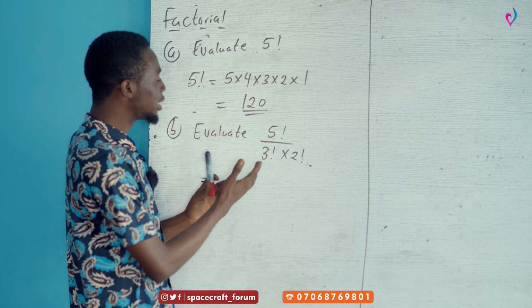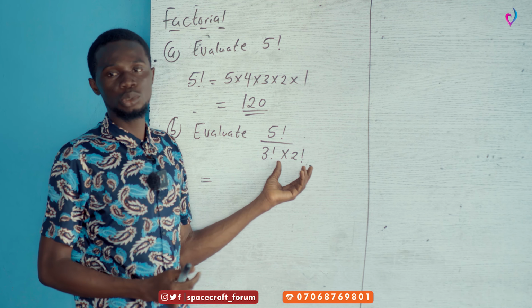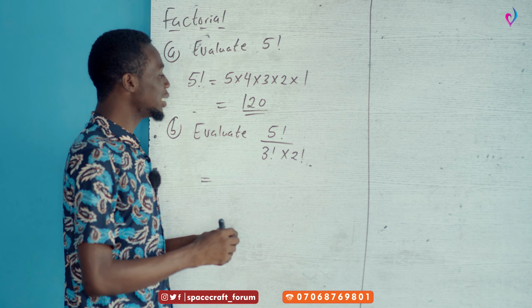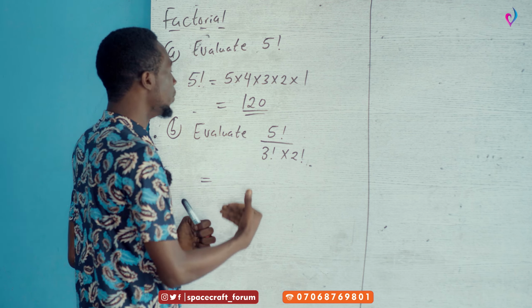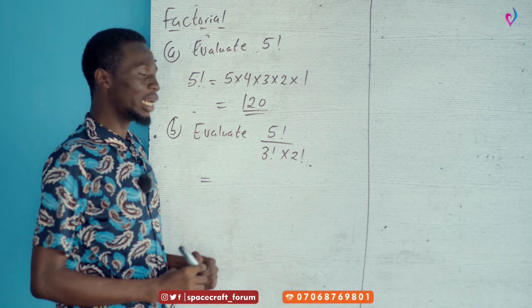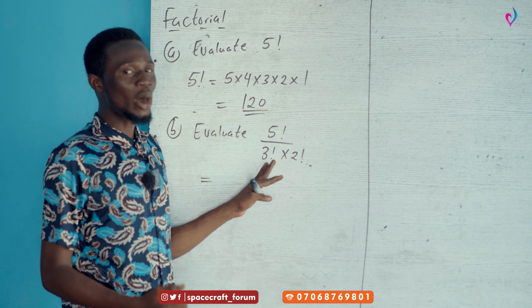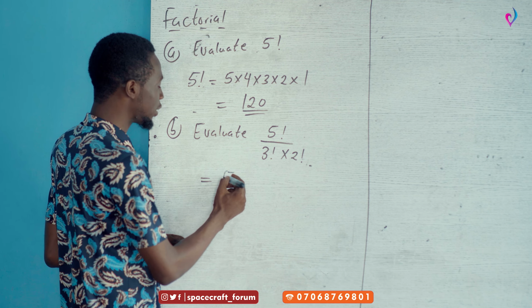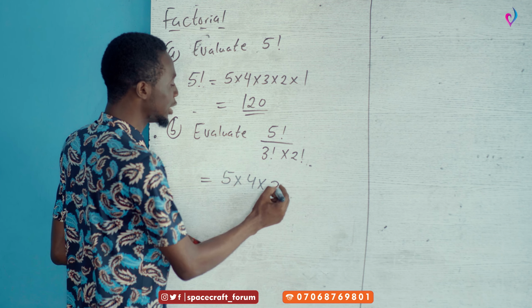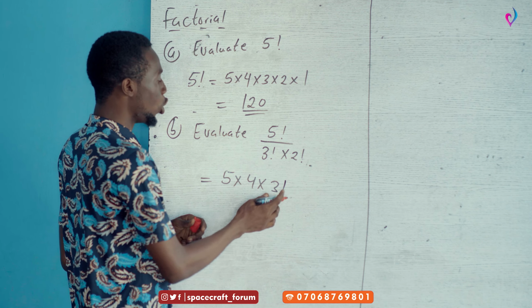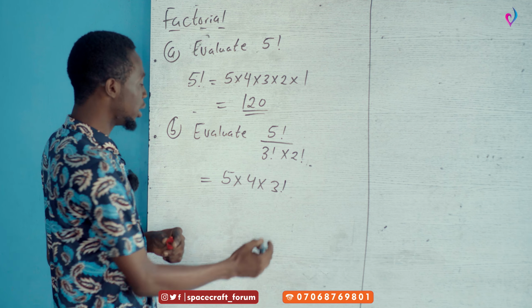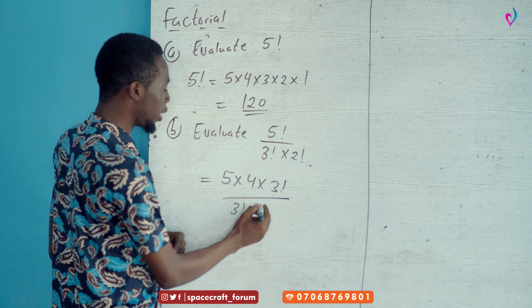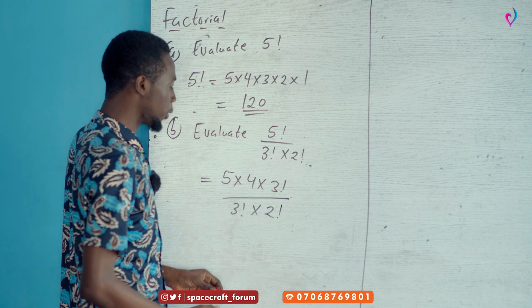But mind you, there's 3 factorial and 2 factorial at the base there. So I can easily stop my arrangement in descending order at 3 factorial, or I can easily stop it at 2 factorial. From here, my 5 factorial is 5 times 4 times 3, that is times 3 factorial. Or you stop it at 2 factorial, then divided by 3 factorial multiplied by 2 factorial.